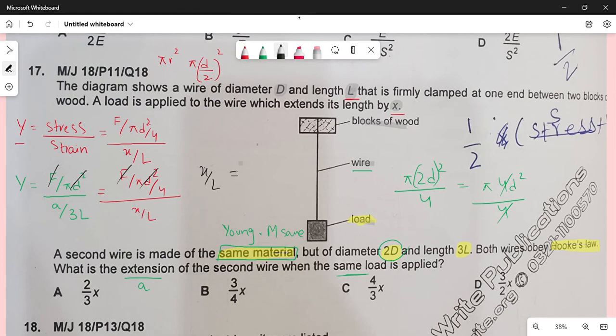Let me rearrange it so that it does not create a mess. I'm just rearranging this expression.